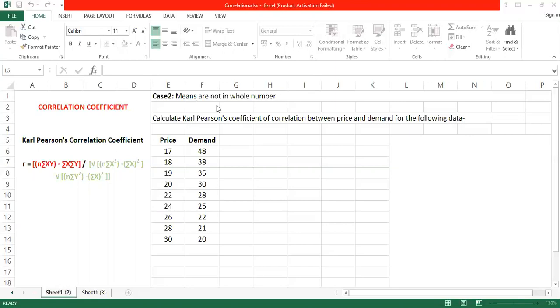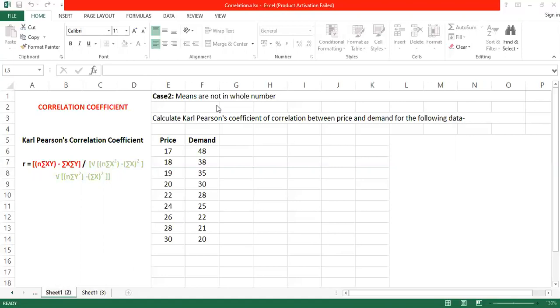Now, it's not that the basic formula of Karl Pearson's coefficient cannot be used in this case. But if we use that fundamental formula to solve a problem from case 2, probably we need to do a lot more calculation, right? And when there are a lot of calculations, the chances of error increase, right?